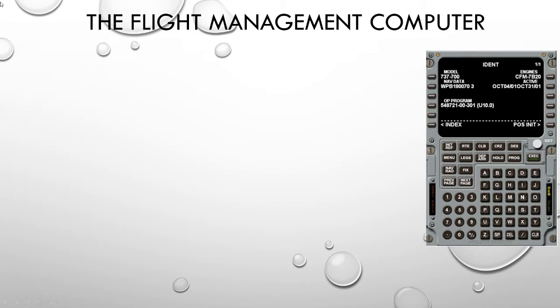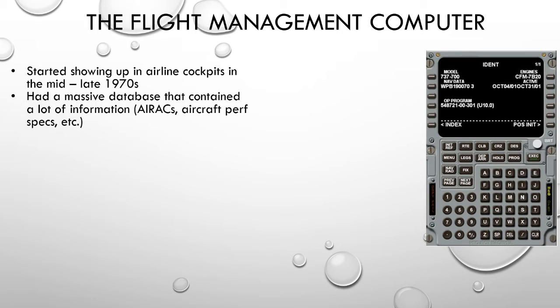Now, how does it really integrate with all this stuff? The FMC started showing up in cockpits back in the mid to late 70s, and in addition to being able to compute and do a lot of number crunching, it had memory, because by then in the 70s, with miniaturization and semiconductors, computers got small enough and had enough memory that they could store an awful lot of information.